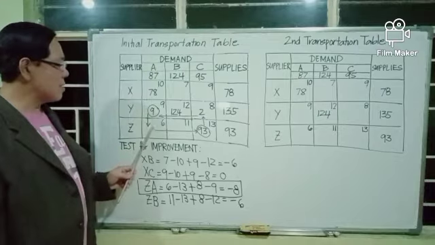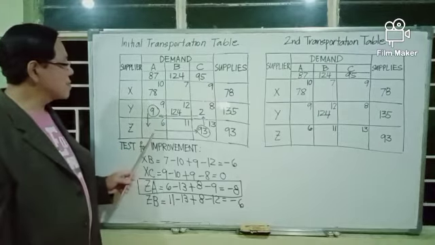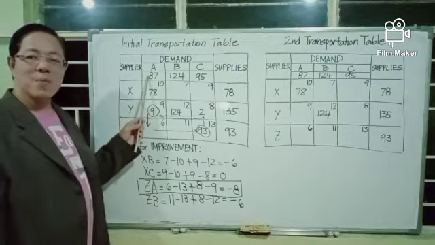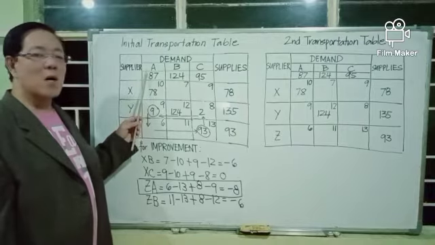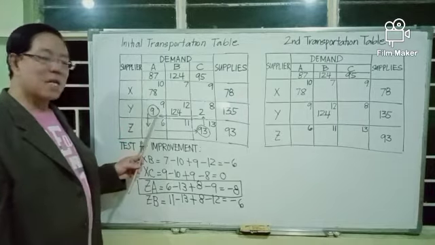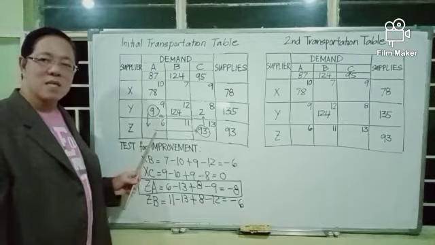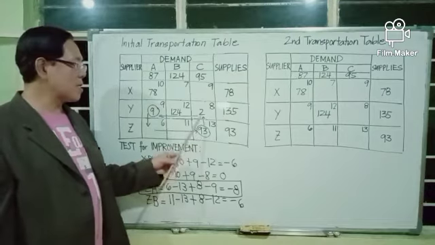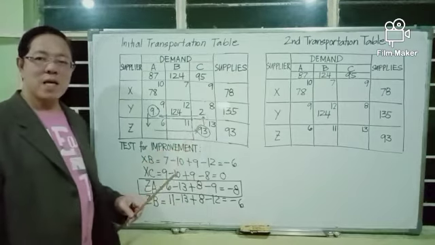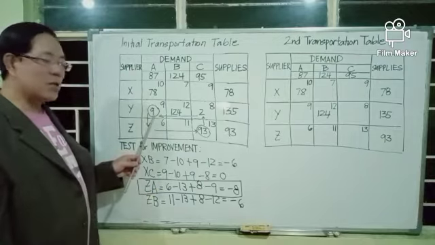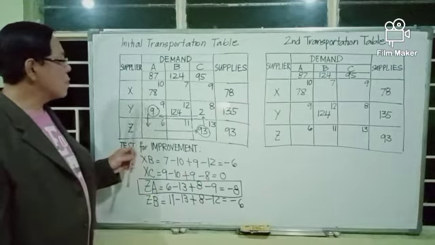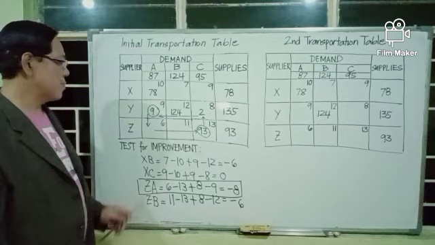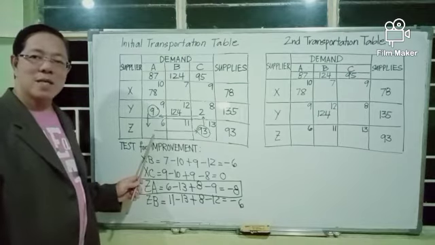If you transfer 9 in this vacant cell, you have 9 plus 78. The sum would still be 87, which is the demand of customer A. Thus, we only transfer 9 units in this vacant cell ZA. And we will change 93 and 2 to maintain the balance. We now transfer 9 units from YA to ZA in the second transportation table. In the vacant cell ZA, we write 9.